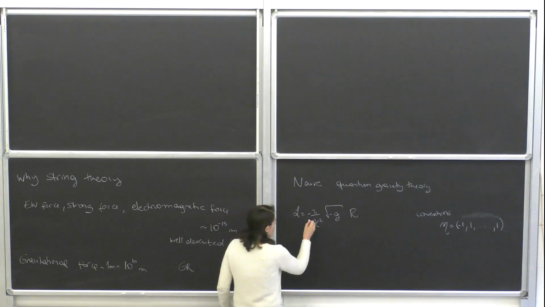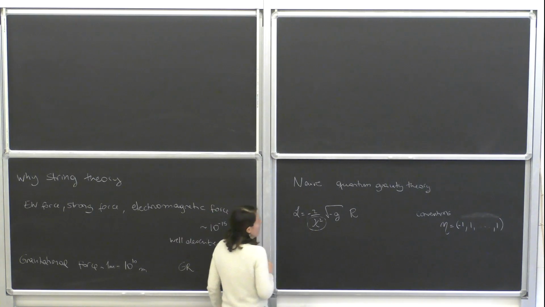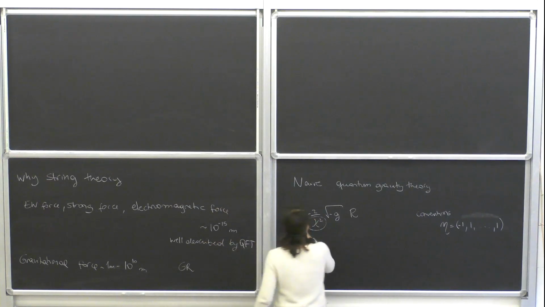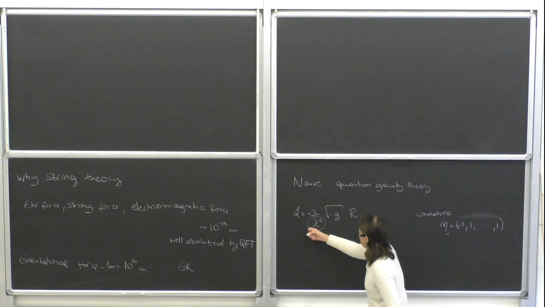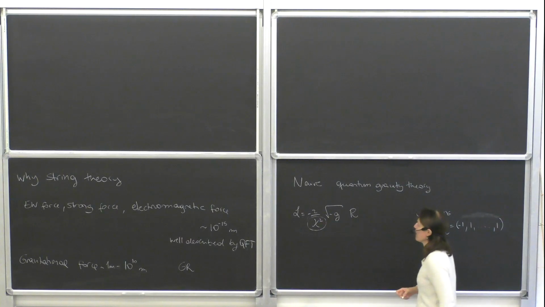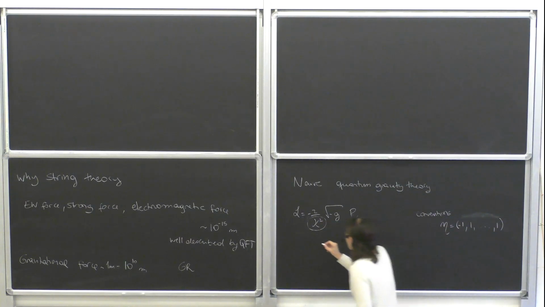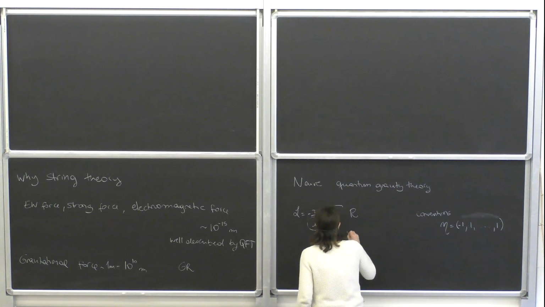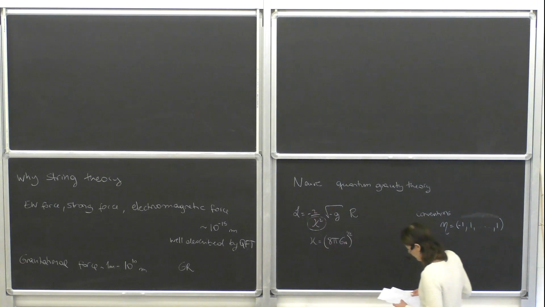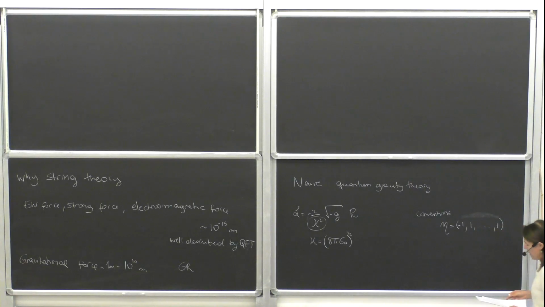And naively, when you do quantum field theory, what you look at is the dimensions of the coupling constant, which is here kappa. So kappa is (8 pi G Newton) to the 1/2.